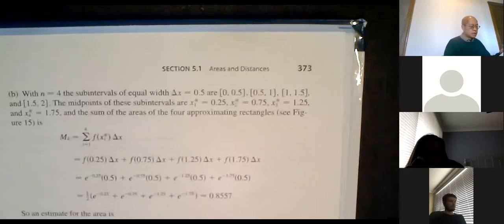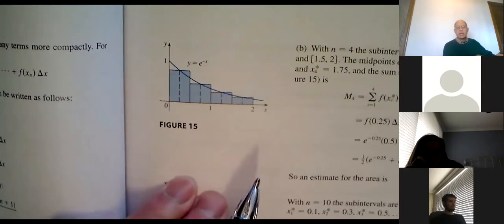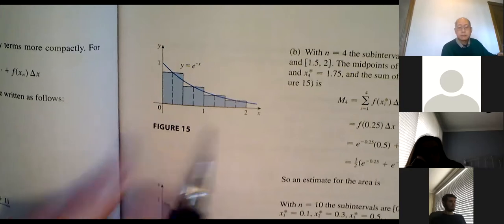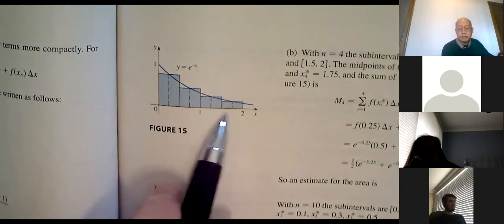Next picture I want to show you. Way over on page 373. E to the negative x. Okay, they chopped it up into 1, 2, 3, 4 pieces.